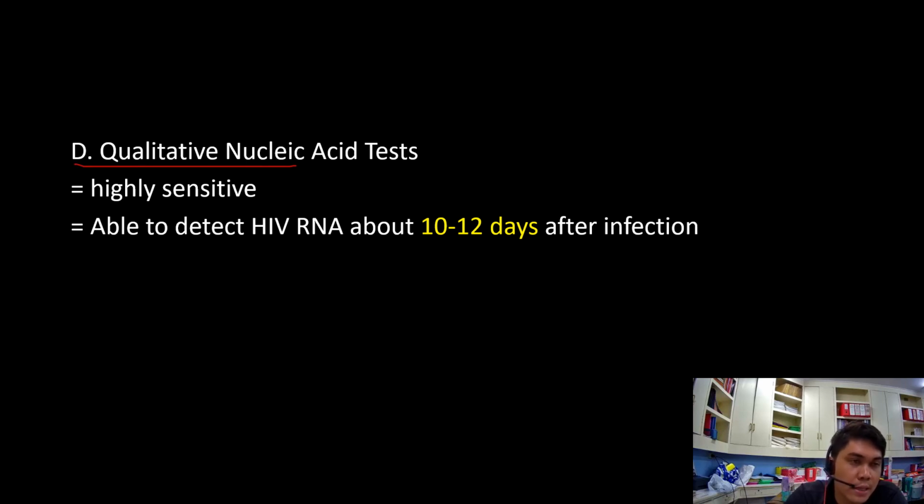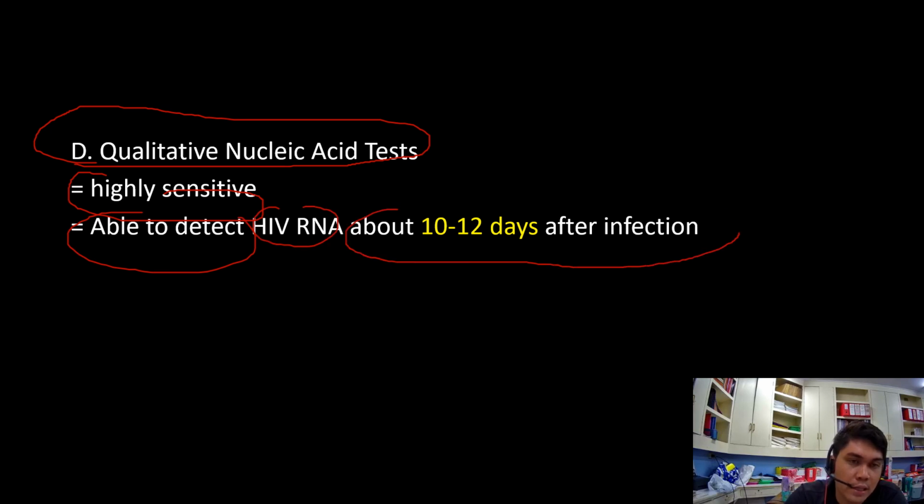Next test is the qualitative nucleic acid test. This is highly sensitive and is able to detect HIV RNA about 10 to 12 days after infection. So nucleic acid testing is very important in the detection of HIV. For example, after a needle stick injury, you'll wait about 2 weeks, then you'll be tested for HIV RNA.